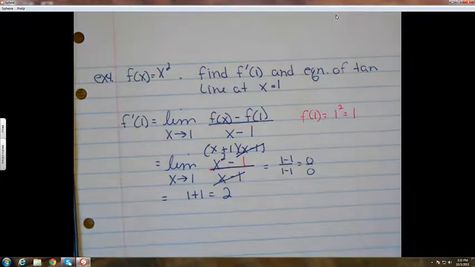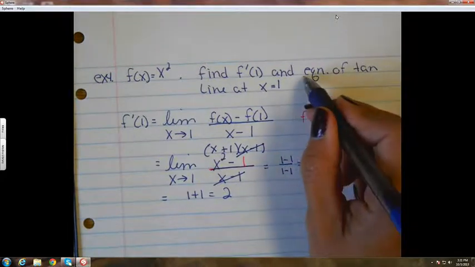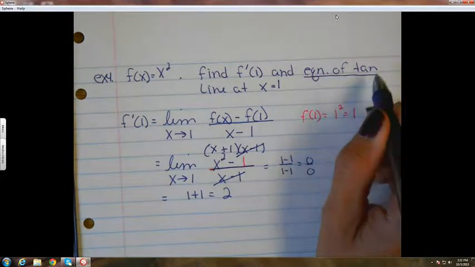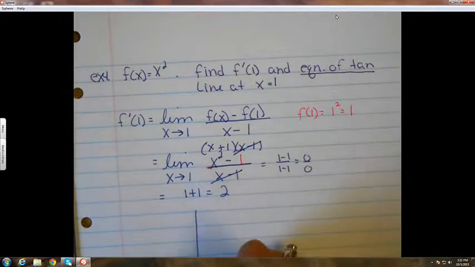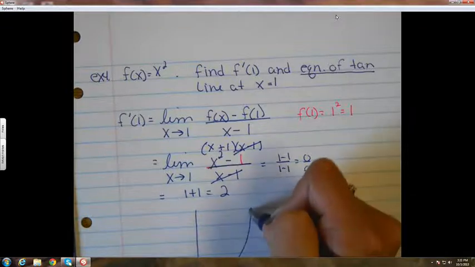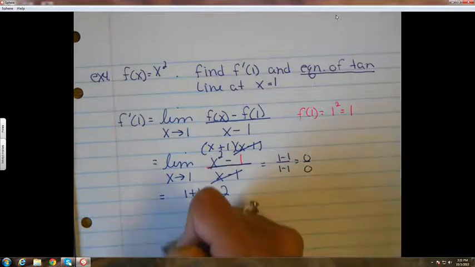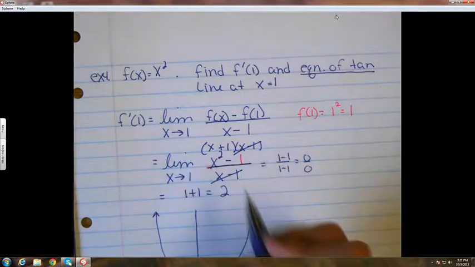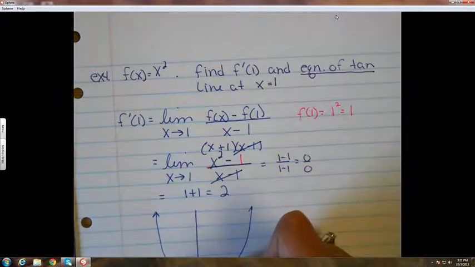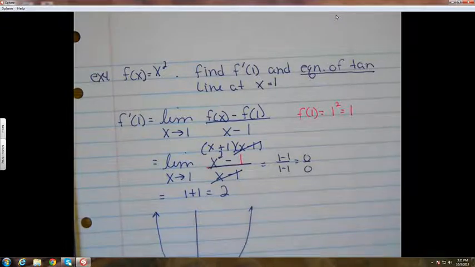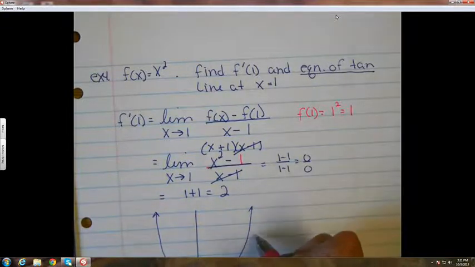So how does that now help me find the equation of the tangent line? Let's take a look at what we're actually finding. So y equals x squared, that's my parabola, vertex at the origin opening upward. At 1, we're at 1. So our goal now is to find the equation of this tangent line.